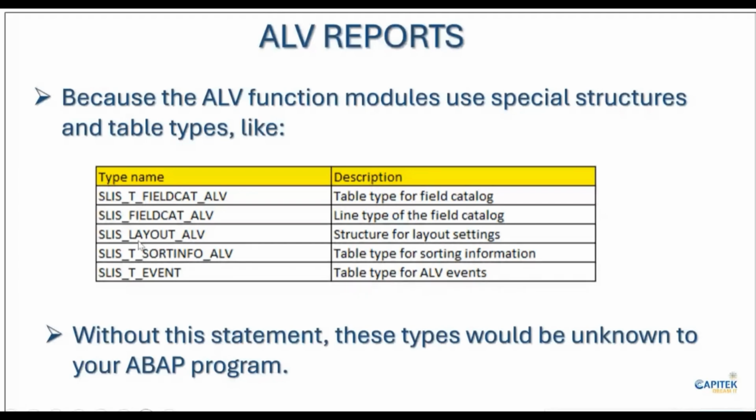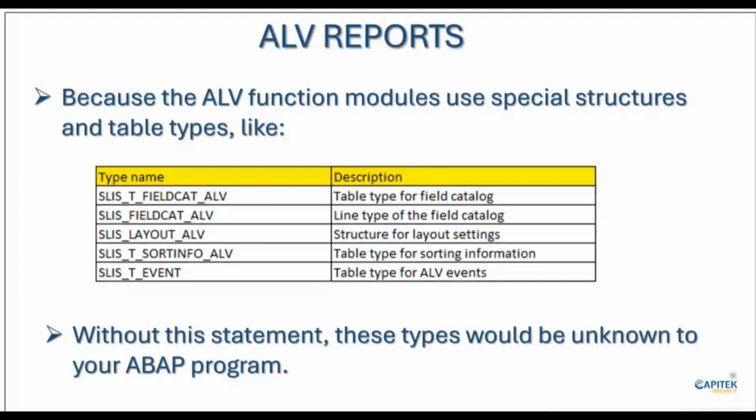For layout, I should declare this. For the field catalog of line type, meaning a single record, I will declare this. If it is multiple records, I will declare this. It means I will fill this field catalog and append it to the internal table. Because I am going to have more than one field, that is the reason I will declare this work area and append it to the internal table.